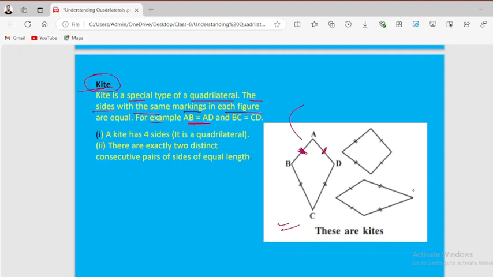It means a pair of two adjacent sides. These two and this one and this one. So at least one pair of adjacent sides must be equal in the kite.